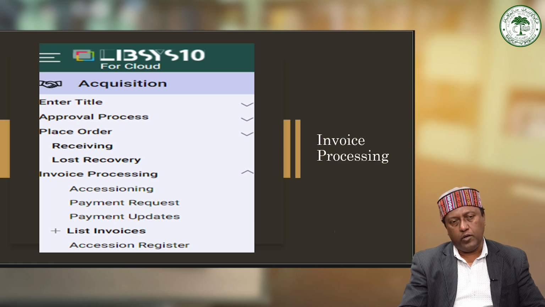All the elements you have seen in the accession register are there in the software also. You have to enter all 15 items we have seen, right from date to remarks, and then the payment request, and if the request has been updated, you then update that the payment has been made or is in process.